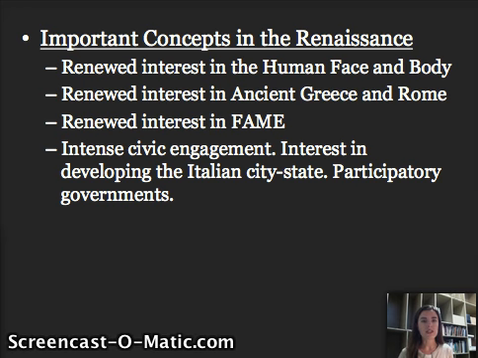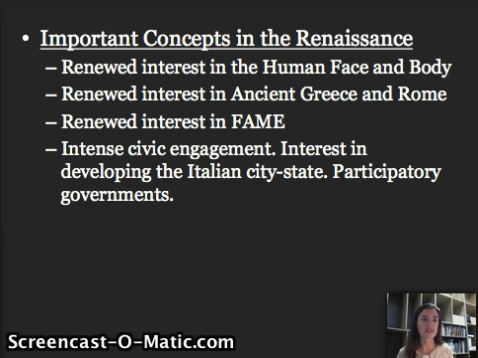So in the Renaissance there is an interest in fame. We actually start learning a lot about individual artists that we didn't know about during the medieval period. It's great that we have this renewed interest, because it fleshes out our understanding of this period a lot more. And it's not unlike our current period, where people are very interested in individual fame.